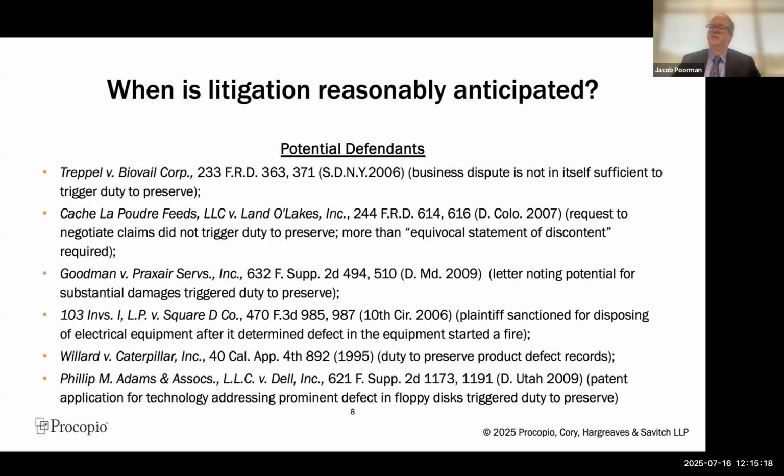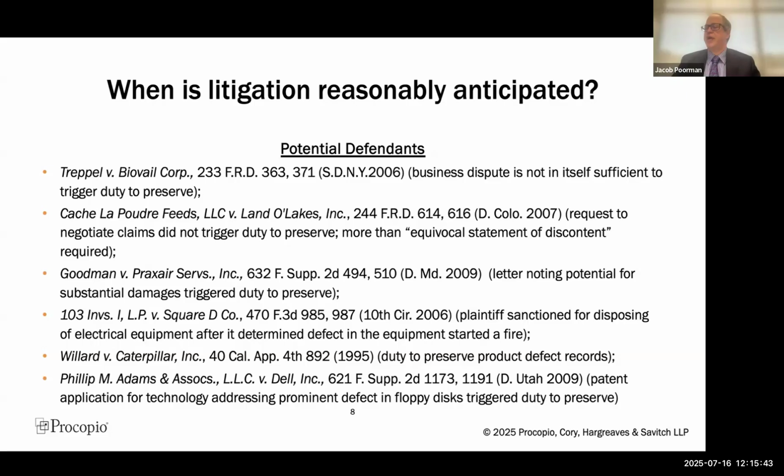For potential defendants, the reasonable anticipation of litigation standard focuses on whether there is credible evidence that future litigation is probable. In some contexts, this is a straightforward inquiry. For example, a company receives a summons to appear in court, or a letter explicitly threatening a lawsuit.